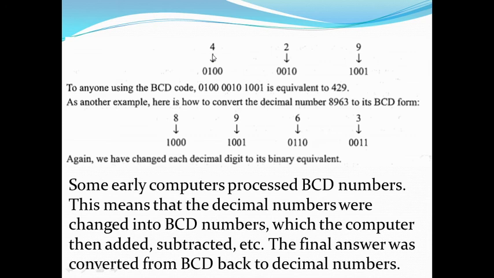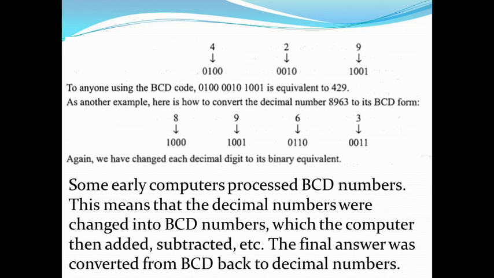The decimal number was 429. Digit 4 is converted into 0100, 2 is converted into 0010, and 9 is converted into 1001. Using the BCD code, 0100, 0010 and 1001 combined is equivalent to 429.